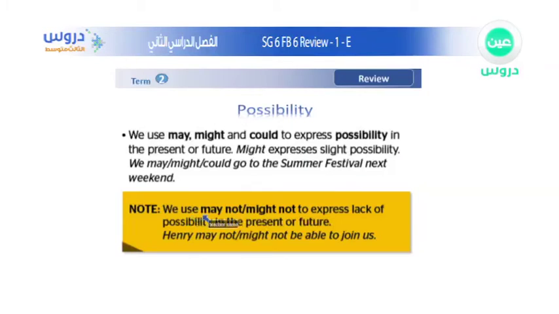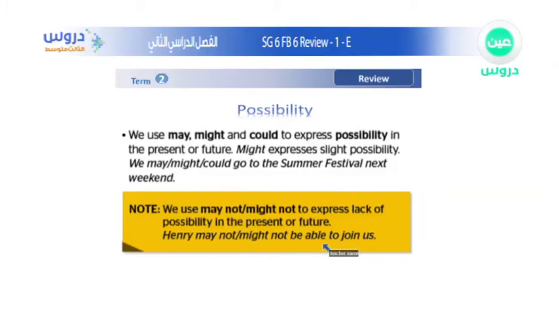Okay. We use may not, might not to express lack of possibility. Lack. You know lack. Lack means like zero or almost zero in the present or future. Henry may not be able to join us.